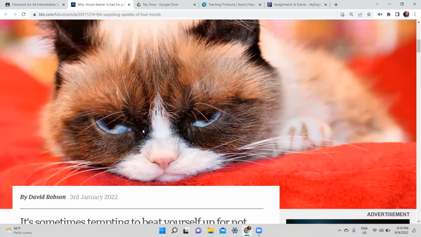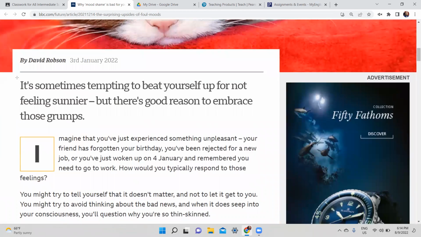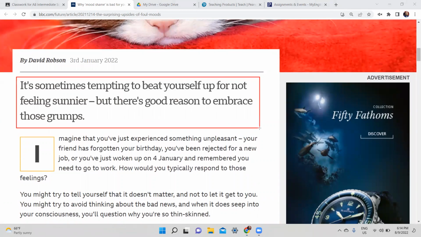All right, this is a very angry cat. And here you have the introduction. So let's read this introduction, please, Evelyn. Okay. It's sometimes tempting to beat yourself up for not feeling sunnier, but there's good reason to embrace those grumps.